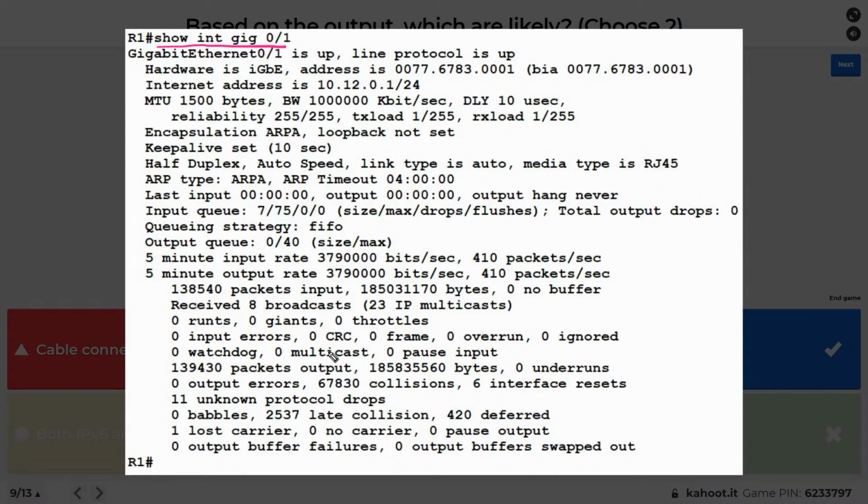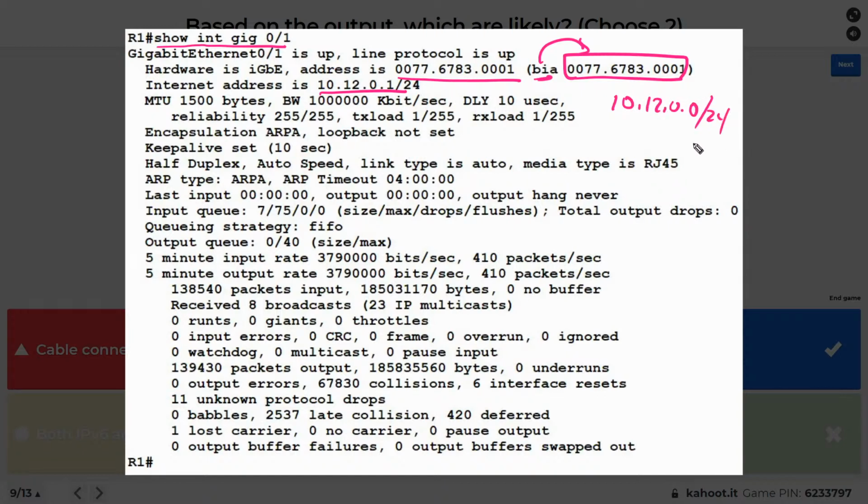So there's a lot of output here. It's showing us the BIA is the burned in layer 2 address, the MAC address. So you can change it. So currently it's saying I'm using this address and the burned in address is the same. So we're using that layer 2 MAC address on this interface. Here's the IP address. And as a result, this interface believes it's connected to the 10.12.0 network with a 24-bit mask.